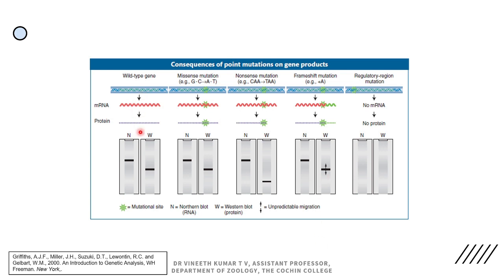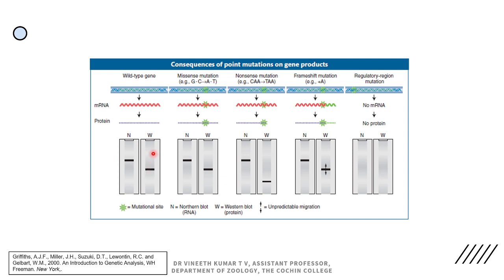Here, what they have shown is a wild type gene, an mRNA being formed, and a protein being formed. This is an experiment or a particular procedure where you analyze the RNA as well as the protein. This is called blotting, where in northern blotting you analyze the mRNA and in western blotting you analyze the protein.